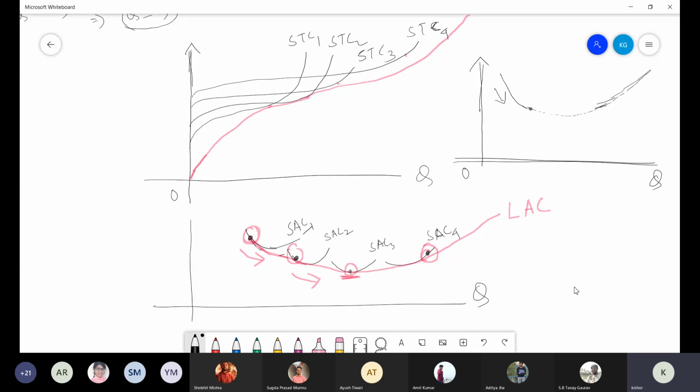After that, I prefer to produce while maintaining that minimal cost. I am trying to produce here. I am ignoring this portion because if I try too much, I can bring it here. I can reduce my average cost of production a little bit.